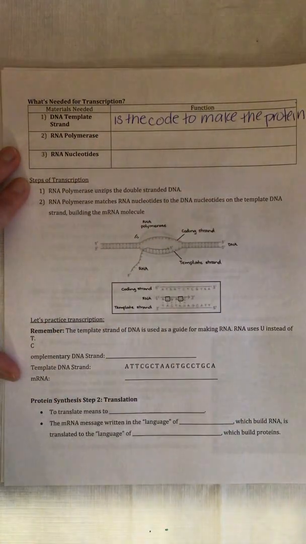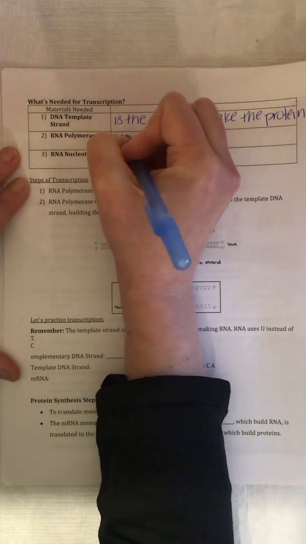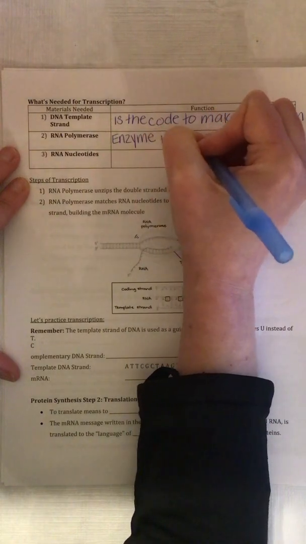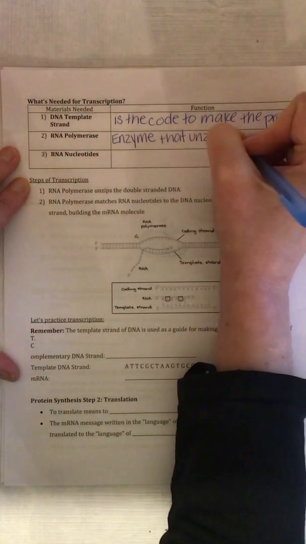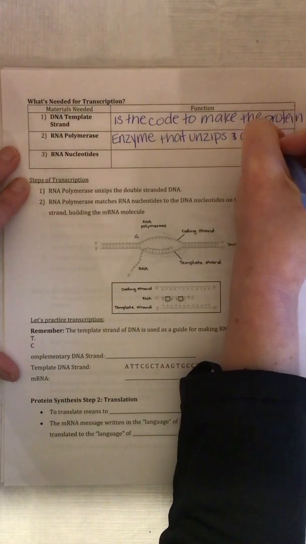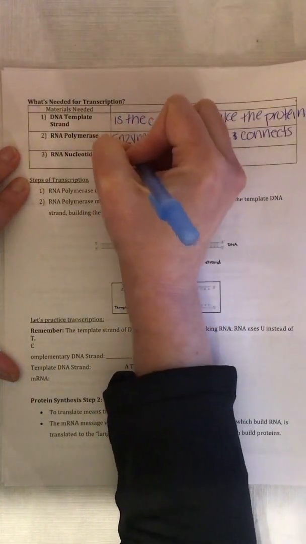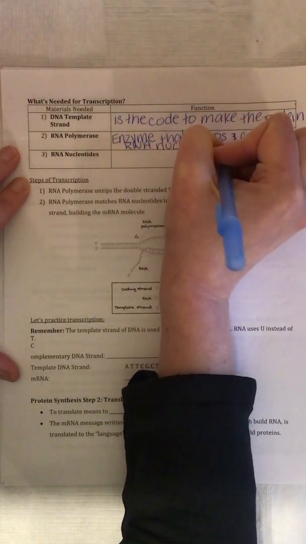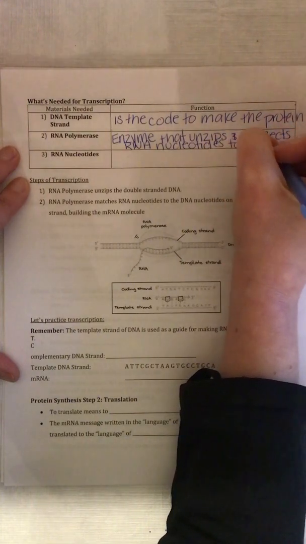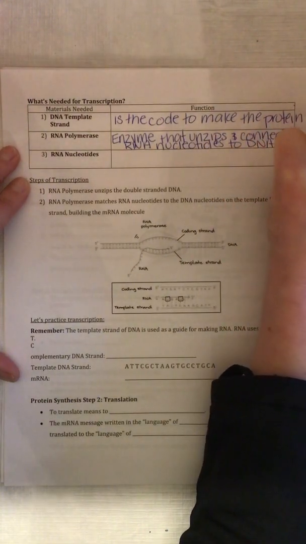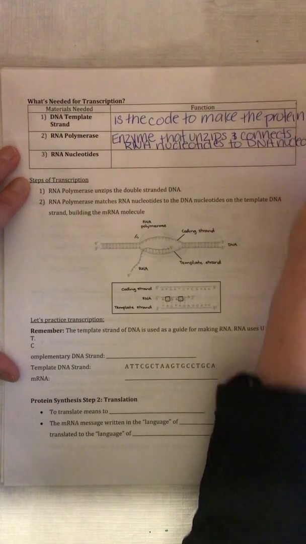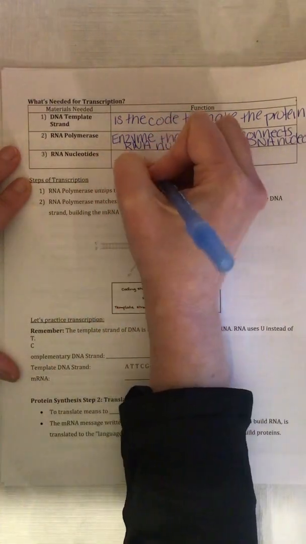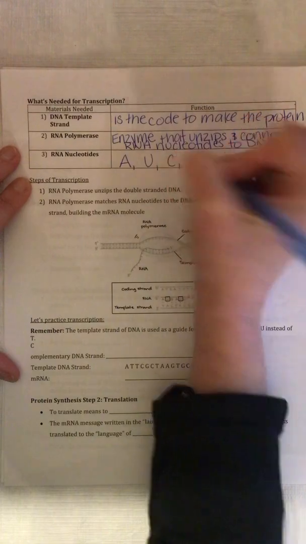And the RNA polymerase is the enzyme that unzips and connects RNA nucleotides to DNA nucleotides. And then the RNA nucleotides that are used are adenine, uracil, cytosine, and guanine.